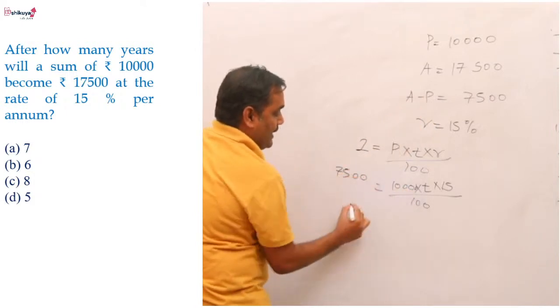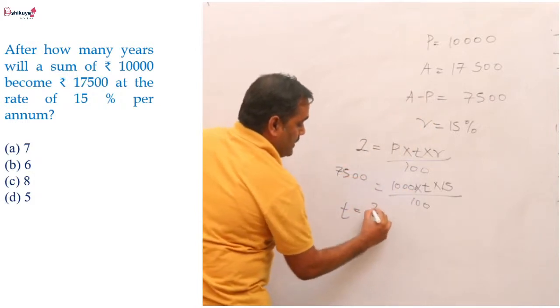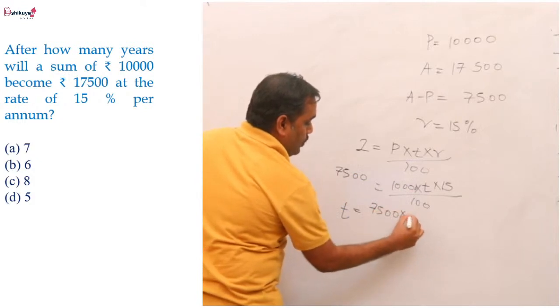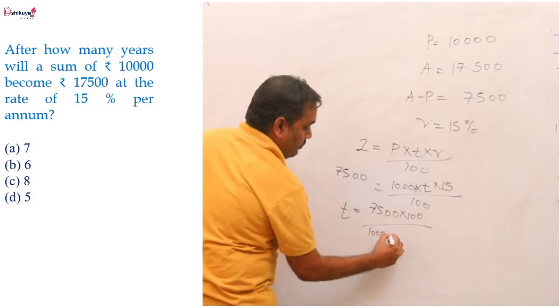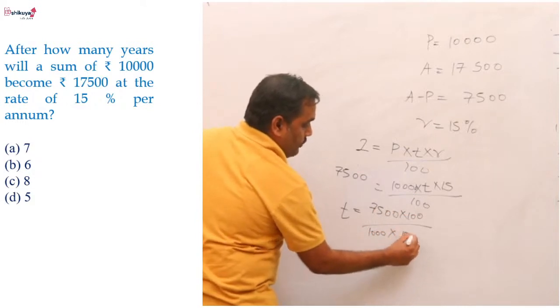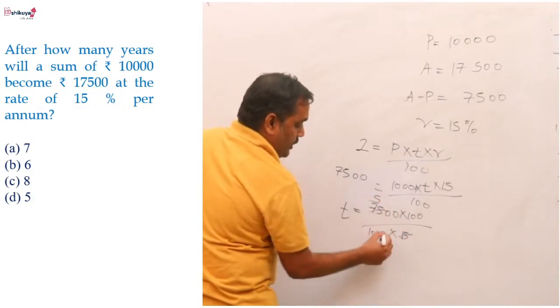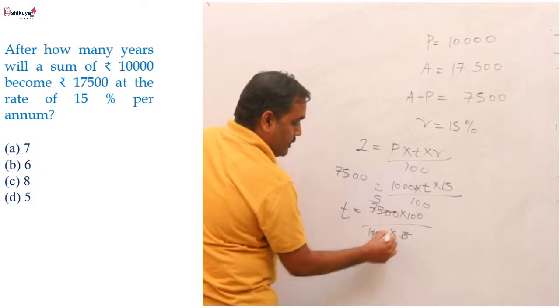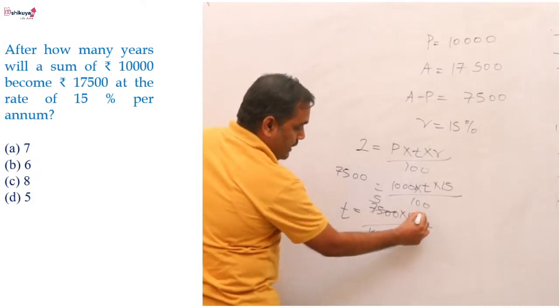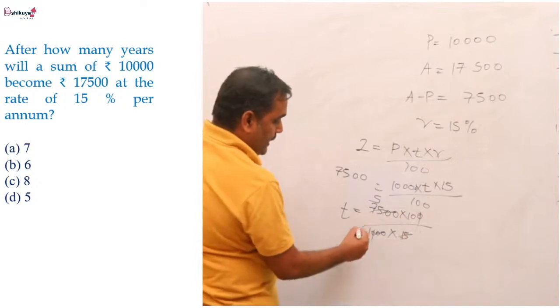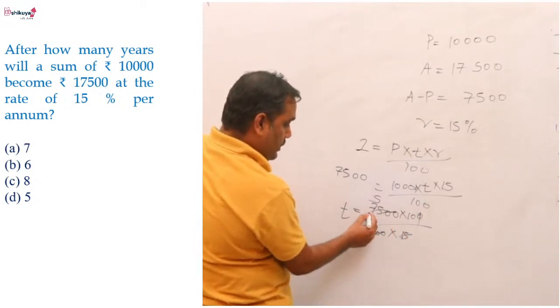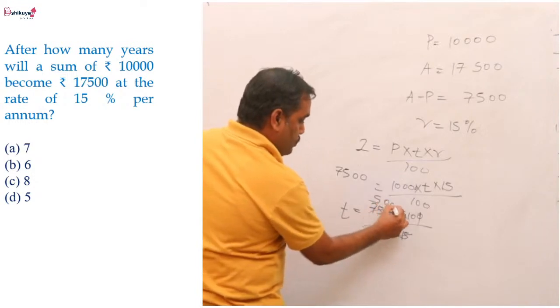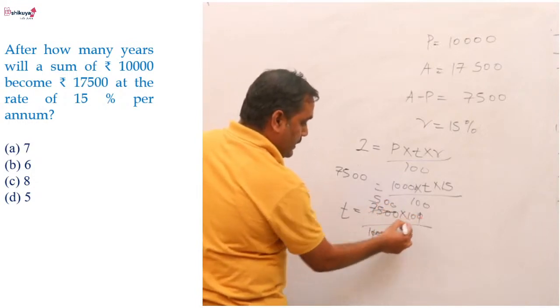So from this we can calculate T as 7,500 into 100 divided by 10,000 into 15. 15 fives are 75. So here the 20s get cancelled, and the 10s get cancelled. Then we are getting the time period: 15 fives are 75, so we are getting 20 here, and this 100 is there.